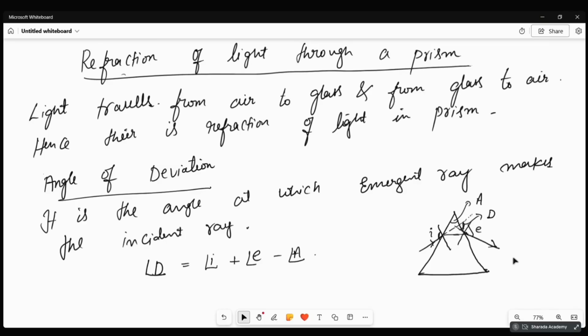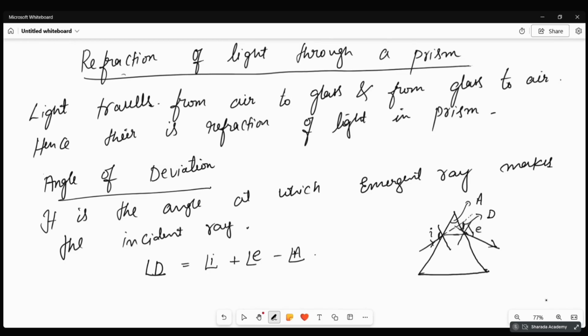If the prism was not there, what happens? It would have gone straight. But now, it tends to bend. How much it bends due to the prism, that we call the angle of deviation. See, this is the angle of incidence, this is the angle of emergence.